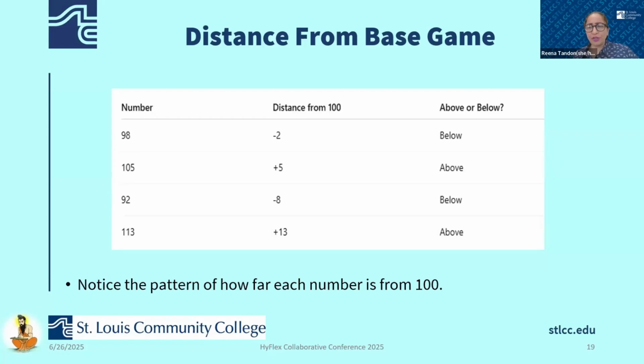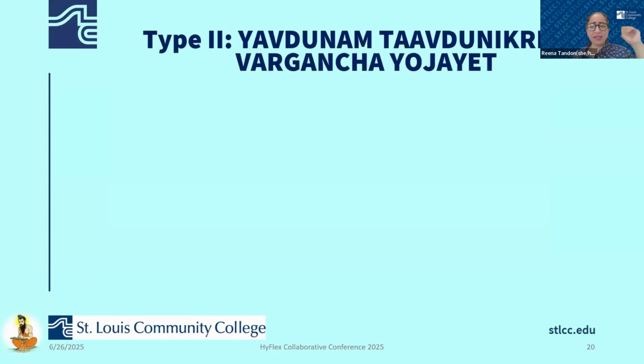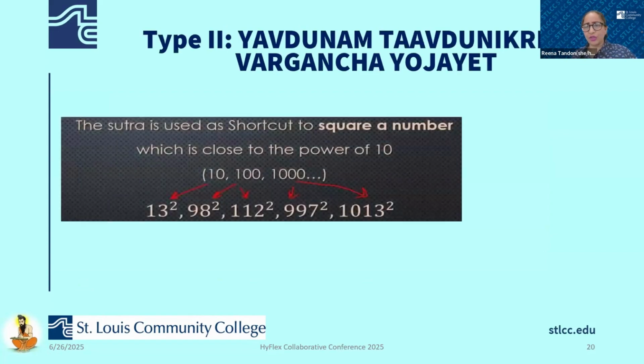You notice a pattern, each number is closer to 100. So this is the Yavadunam Sutra. This is closest to 10, this is closer to 100 and 1000, this is also 100, and 997 is closer to 1000.